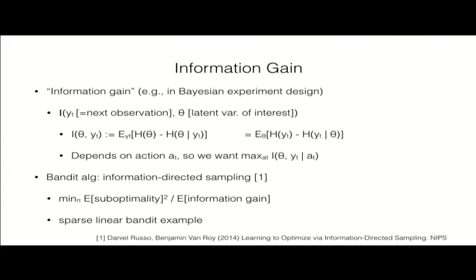In fact, the next slide describes another idea, but this paper, Learning to Optimize via Information-Directed Sampling, has a nice example called sparse linear bandits, where they show that Thompson sampling does something dumb, but their algorithm does something smarter. So if you're interested, check out that paper.